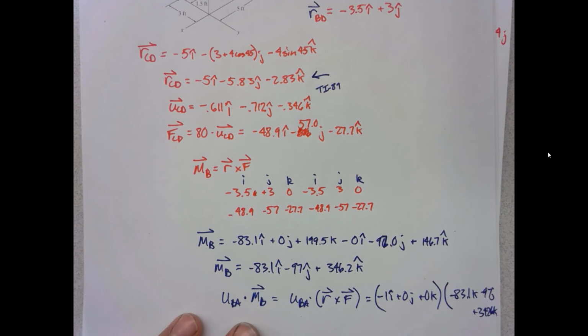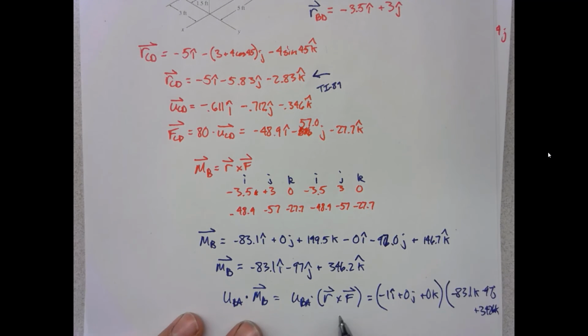When I take the dot product, I just multiply and add, right? So 0 times 97 is 0. 0 times 342 is 0. So we just end up with the component that's along that axis being 83.1 Newton meters, or whatever, pound feet.